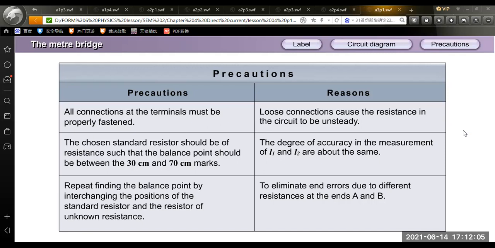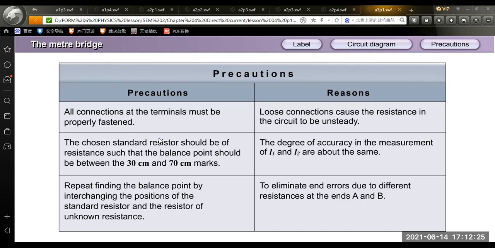Once I reverse the resistor and the unknown resistance wire, the length from A to the jockey should be 70 and from the jockey to B should be 30.